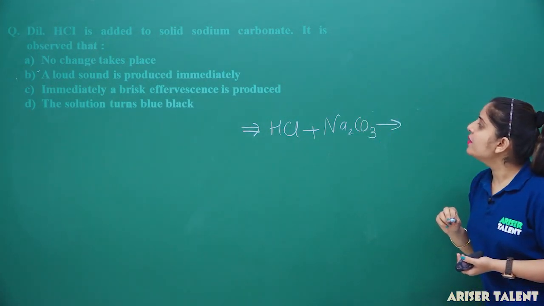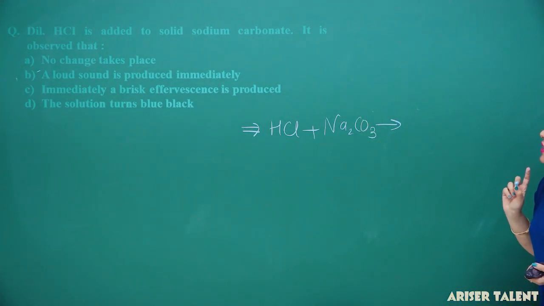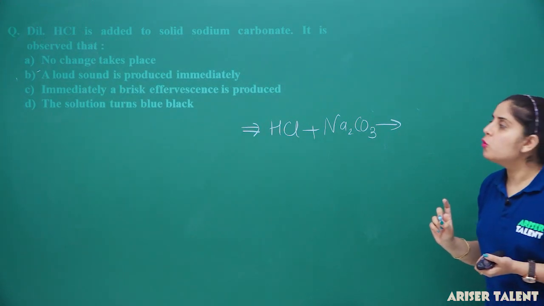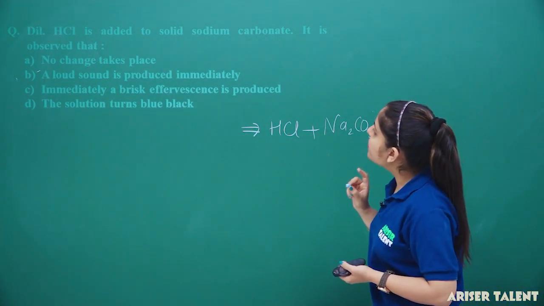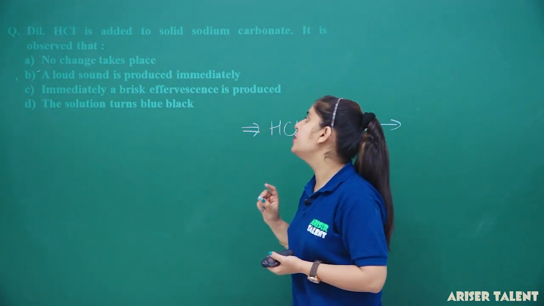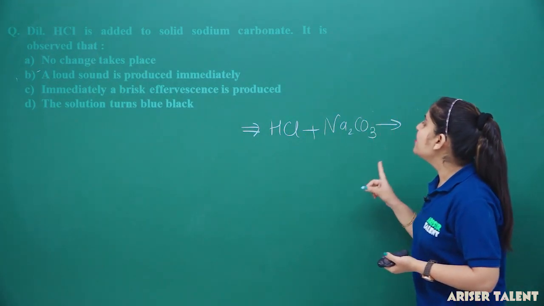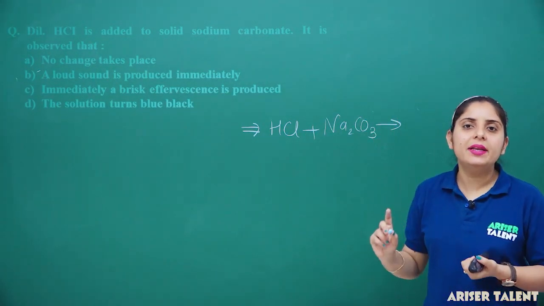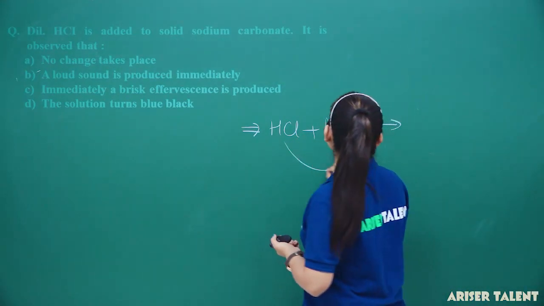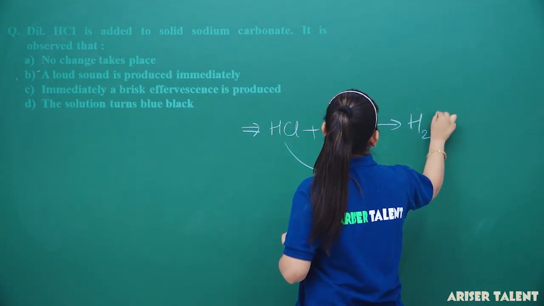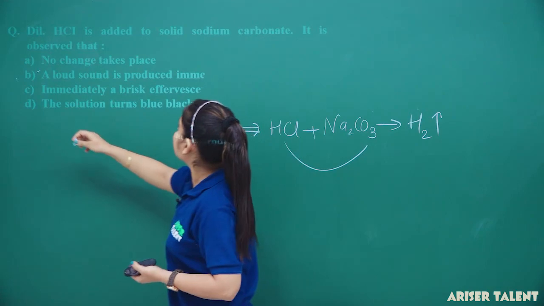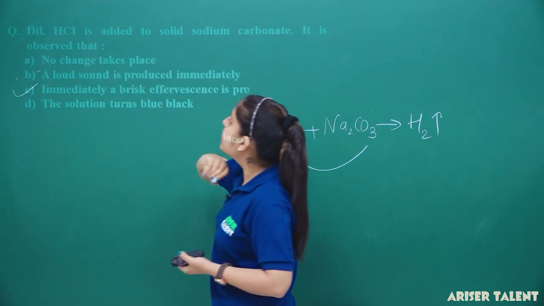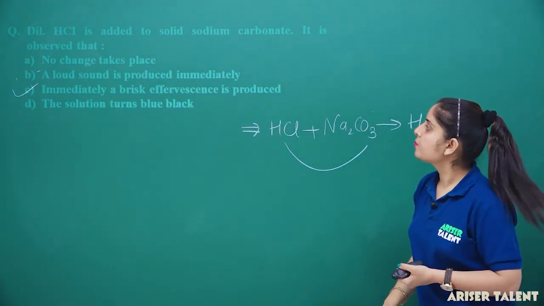Now what will we observe in this case: no change takes place, a loud sound is produced, immediately a brisk effervescence is produced, or the solution turns blue-black. So in this reaction, gas will be evolved with a brisk effervescence. So the correct option is option number C.